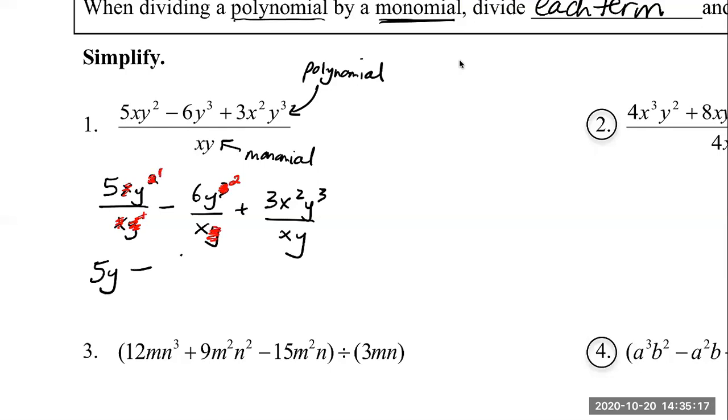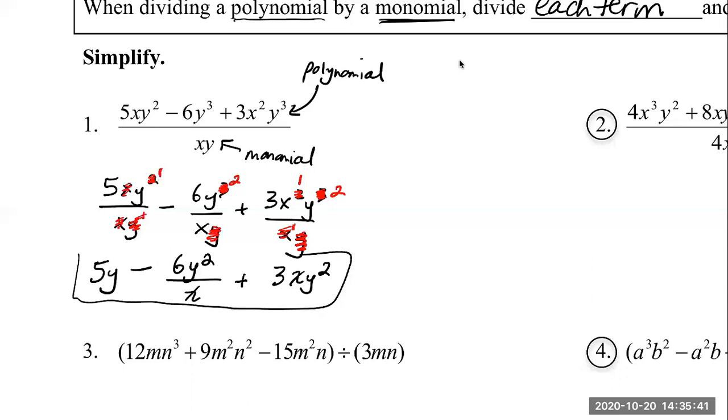And you have an x left over in the denominator. And then the next one we're going to divide this x to the first is going to subtract with that x to the second. This x to the third is going to become x squared. So we'd have plus 3x to the first y squared. It looks like this is our simplified answer, dividing a polynomial by a monomial.